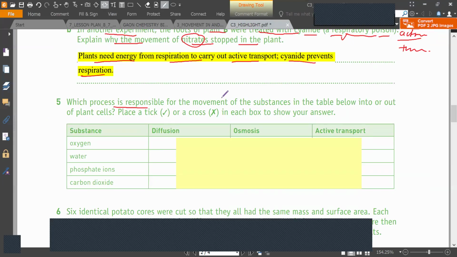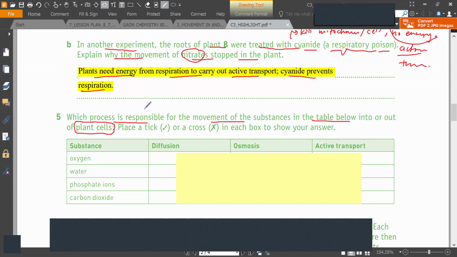Which process is responsible for the movement of the substance in the table below into or out of plant cells? Please tick or cross in each box to show your answer. Maybe you can try this one. What do you think? For oxygen, will it be diffusion, osmosis, or active transport?